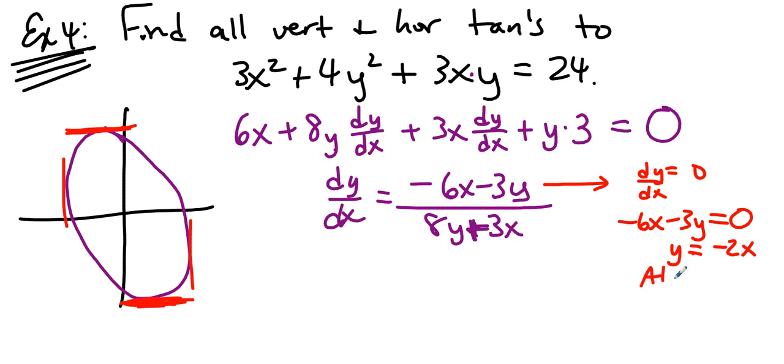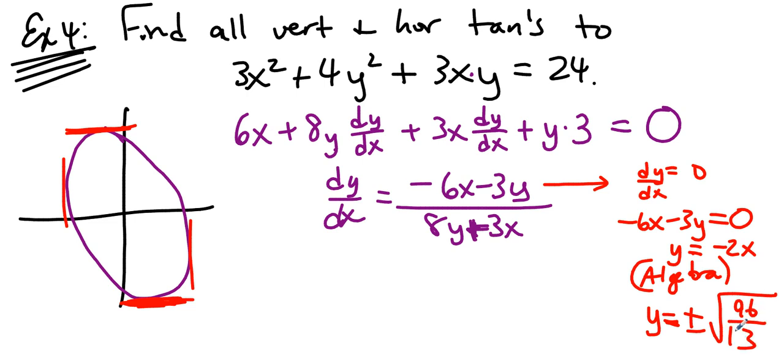So by algebra, which I'm not going to show, if y equals negative 2x, we put the negative 2x here and here, we do some algebra, and we get that y is plus or minus the square root of 96 over 13. Very common number, you would have guessed it anyway.